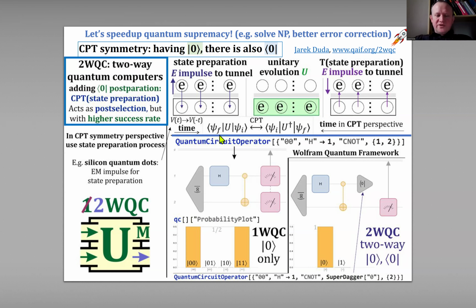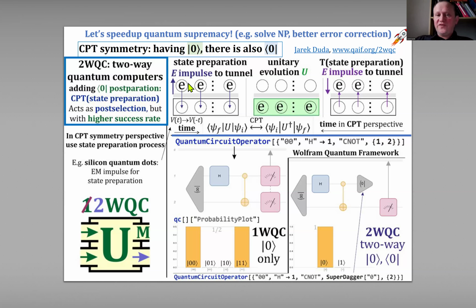To use this kind of formulation as in the scattering matrix, for example, in silicon quantum dots, we have these dots, and we use an impulse to tunnel the electrons into the dots. The question is how to reverse this process. We just apply the opposite impulse at the end, and from the perspective of CPT symmetry, we have performed the original state preparation process.